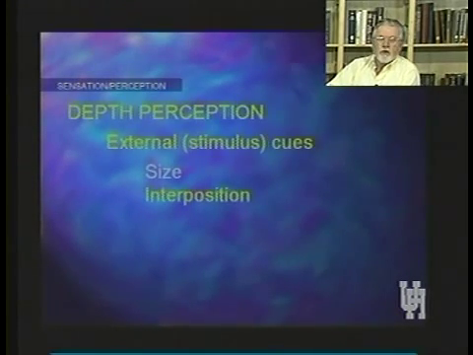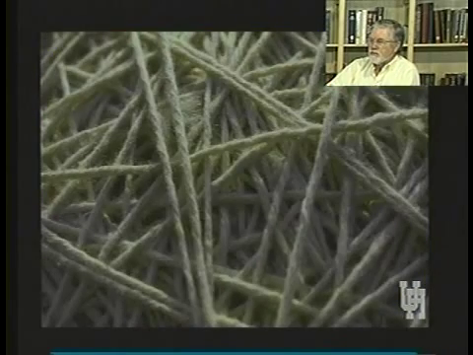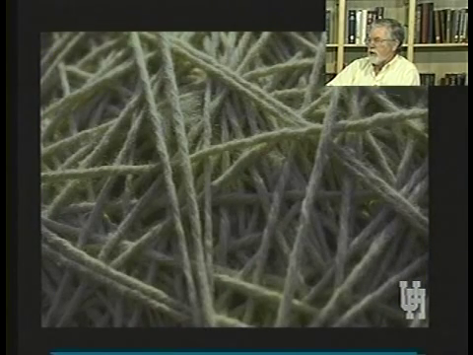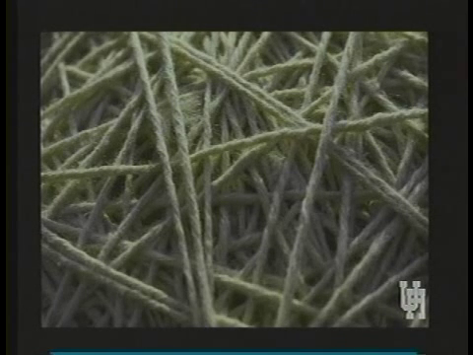A second factor that we also use has to do with interposition. Interposition turns out to be a very powerful cue to judging depth and distance. For instance, if we look at this ball of yarn, I can ask you which strand is actually closer to you, and there are two candidates, and we can't really tell between them. The arrow, my pointer, is kind of small, but one is the middle of the three strands that goes from top to bottom on the screen, where the pointer now is, and the other possible candidate is over here.